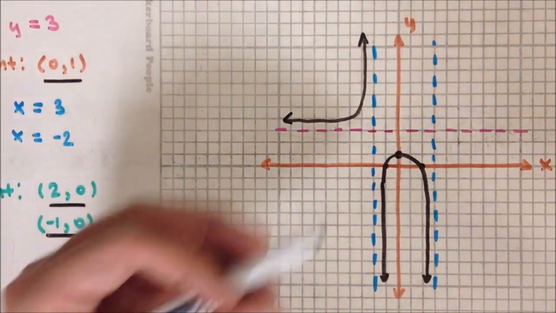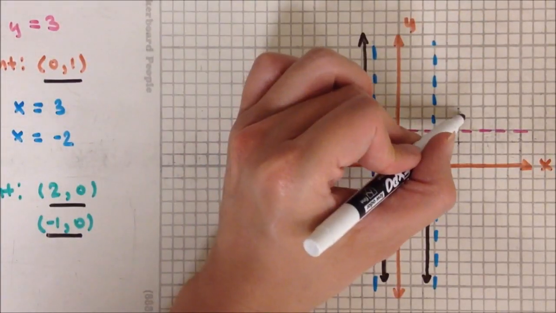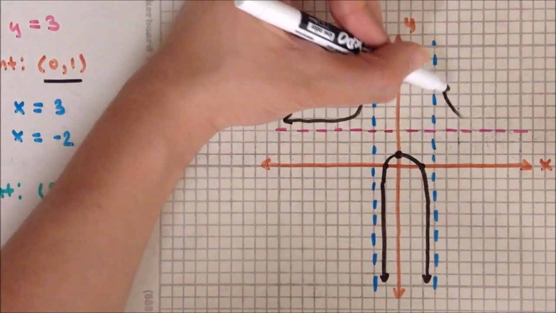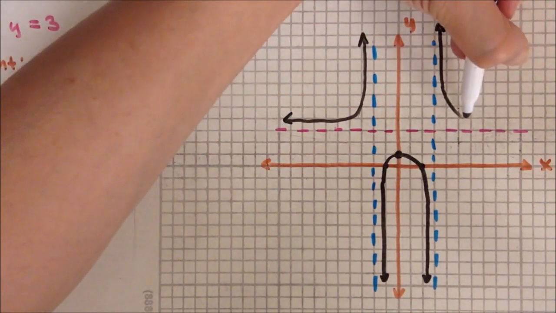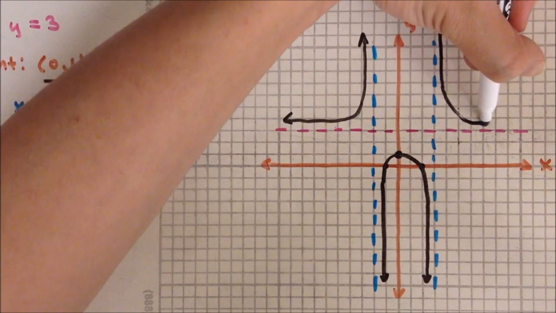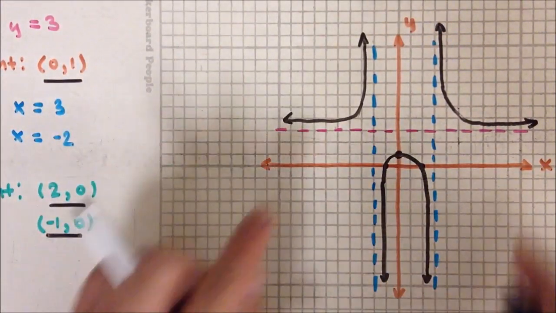That's my left side, and then my right side of the vertical asymptote is going to go like this. It goes along the vertical asymptote, does not touch nor cross, and it goes along the horizontal asymptote, according to the end behavior.